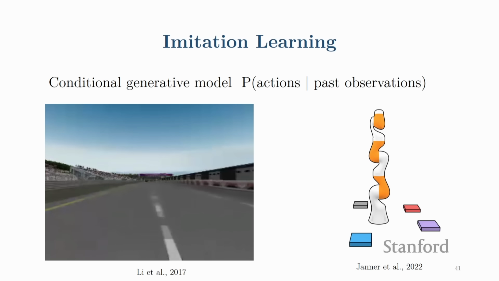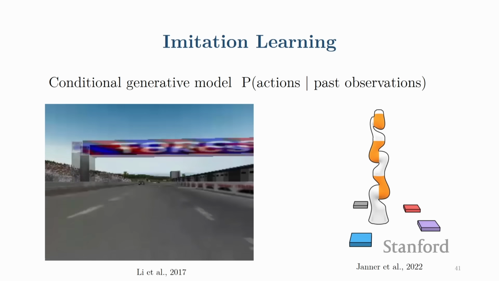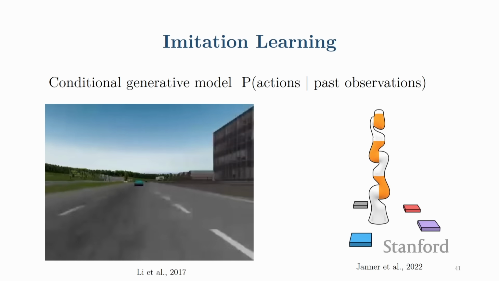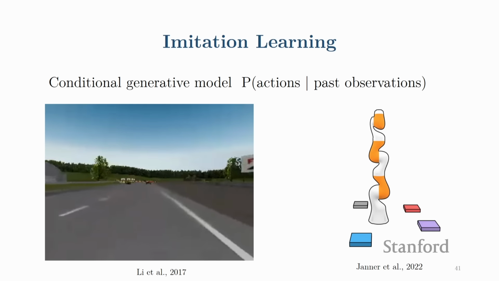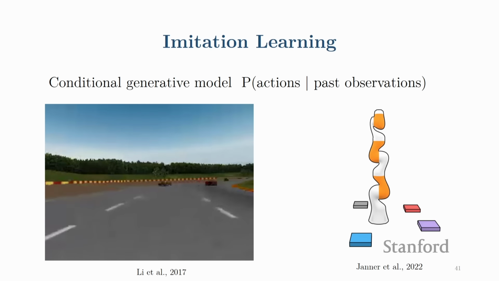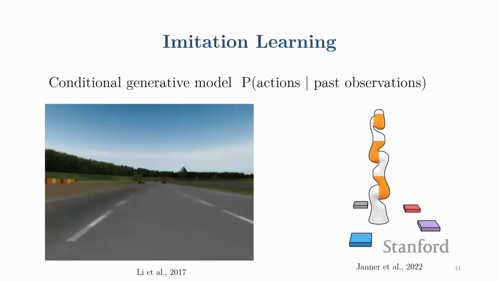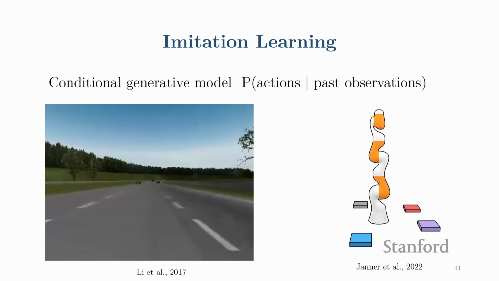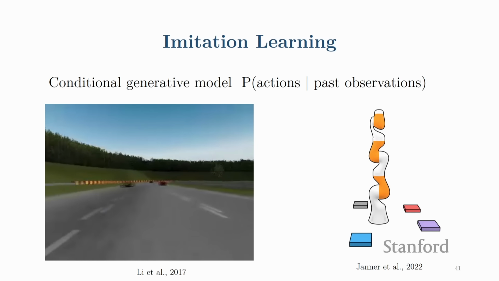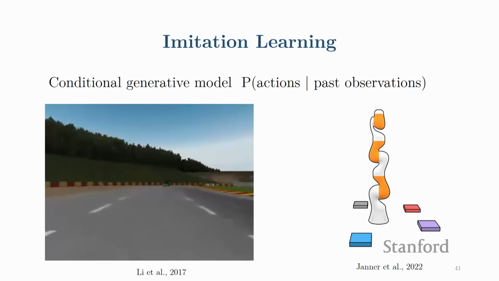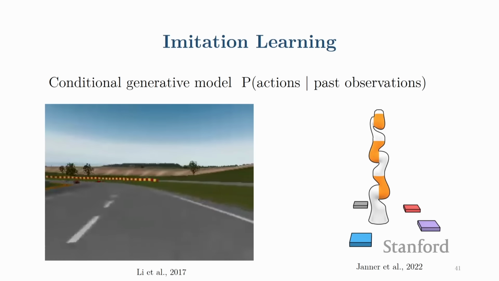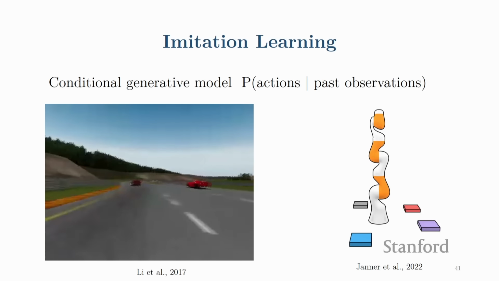Here's an example of how you can use the techniques we're going to talk about in the course to learn how to drive the car in this video game. You have to figure out what sort of actions make sense, and not crash into other cars and stay on the road and so forth.